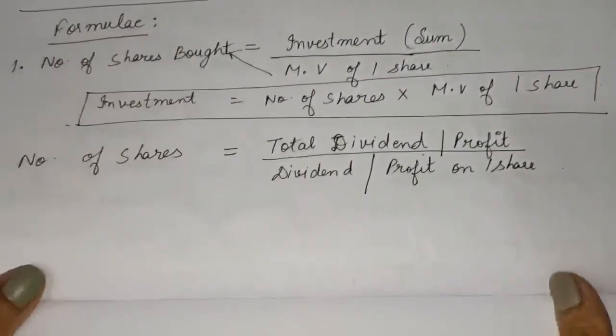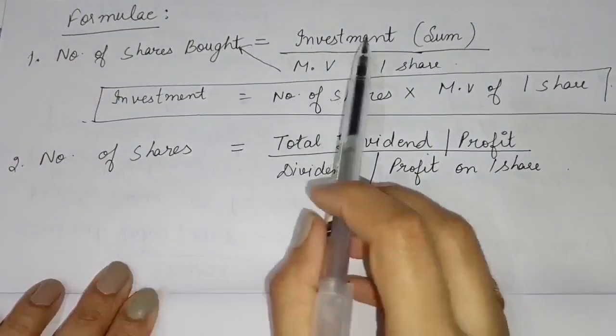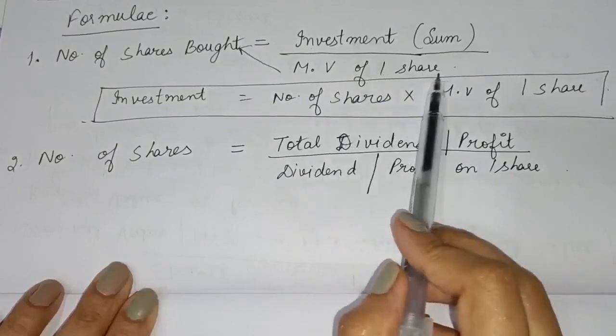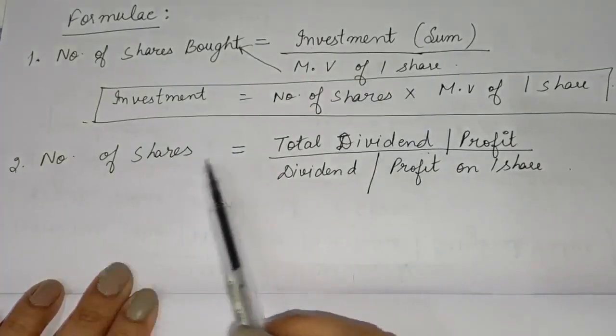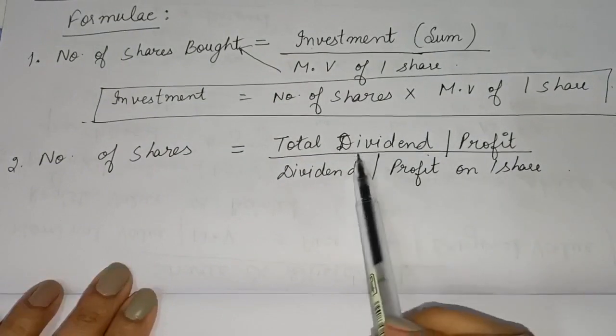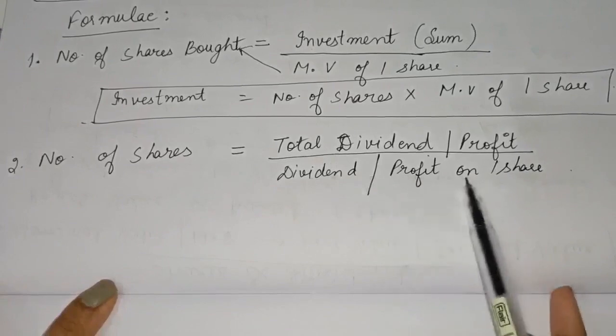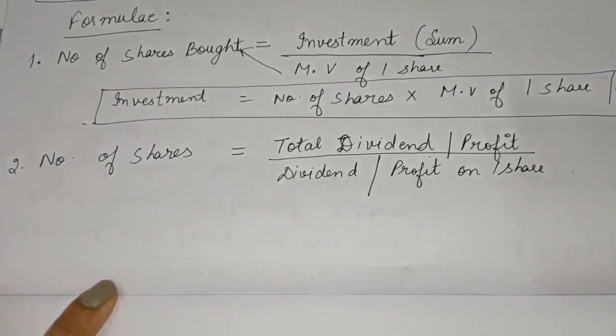So we have got two formulas to find number of shares. Number of shares is investment by market value of one share. Also number of shares is equal to total dividend or profit, because dividend means profit only, by dividend or profit on one share.